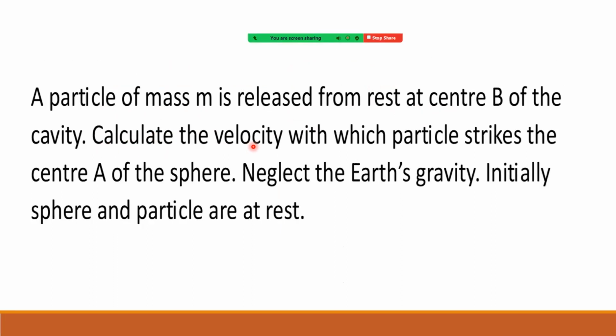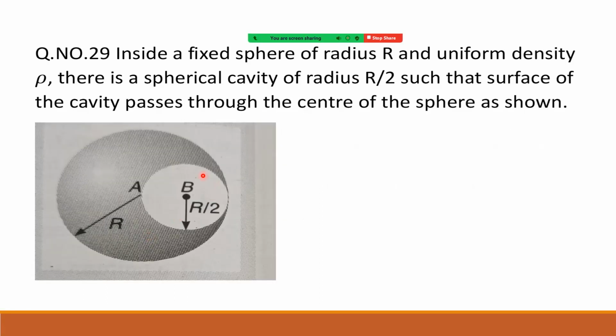Calculate the velocity with which the particle strikes the center A of the sphere. Neglect Earth's gravity. Initially, sphere and particle are at rest. Right? Given now, this is a cavity. Releasing from B, we have to find the velocity when it touches A. Right? See how we are going to solve the problem.